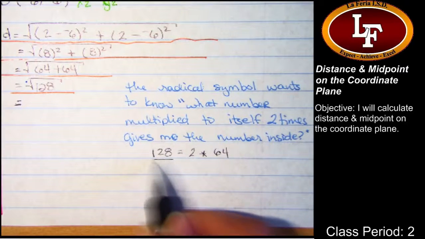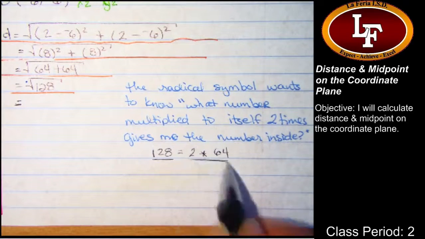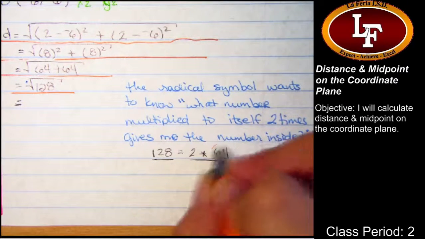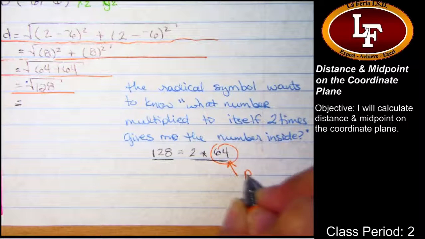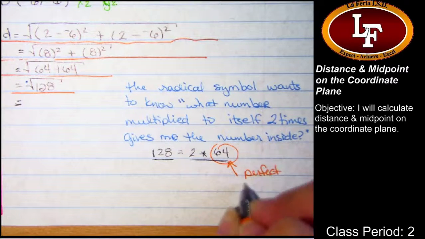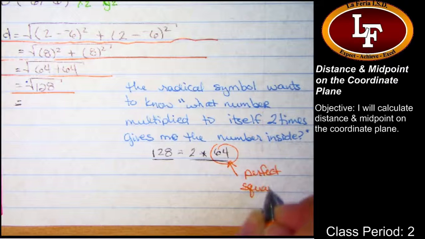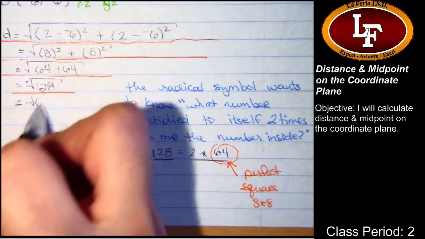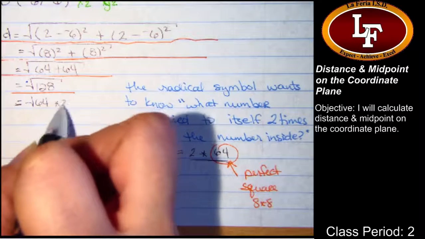So if I replace 128 with 2 times 64, I could get somewhere. So I'm going to do that, and I'm going to write the 64 in front because that's my perfect square, because it's 8 times 8. So square root of 64 times 2.